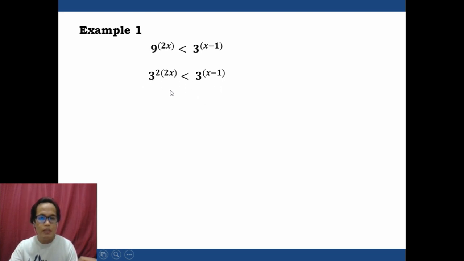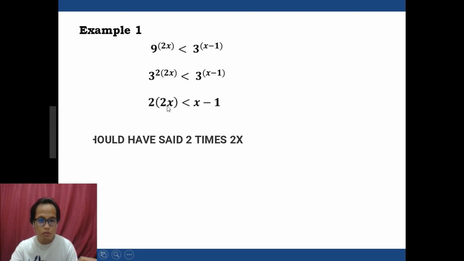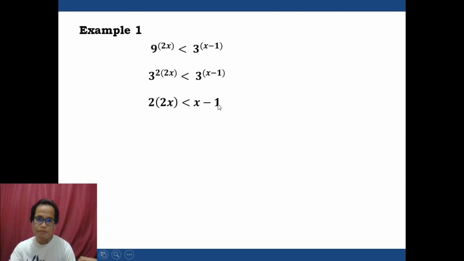So, kay parehas naman siyang base, diretso na ta sa exponent. Biyaan na natong base, diretso ta sa exponent. So, atong kopyahon 2 times 2x, that is 4x. So, we have 4x, then copy less than, then copy x minus 1.